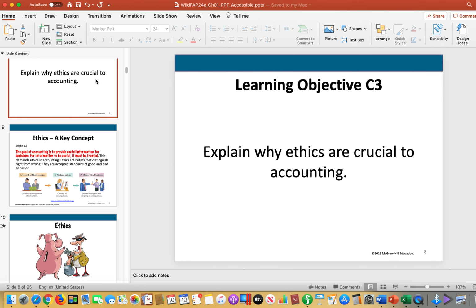Now, let's talk about ethics. Ethics are absolutely crucial in accounting. Ethics have to deal with standards of behavior that are considered appropriate or even behavior that's not considered appropriate. It's about what's right and wrong, at least based on the standards of the local community or the country you live in.